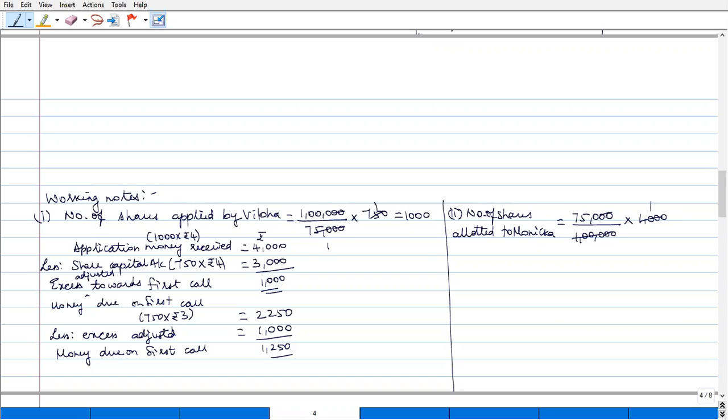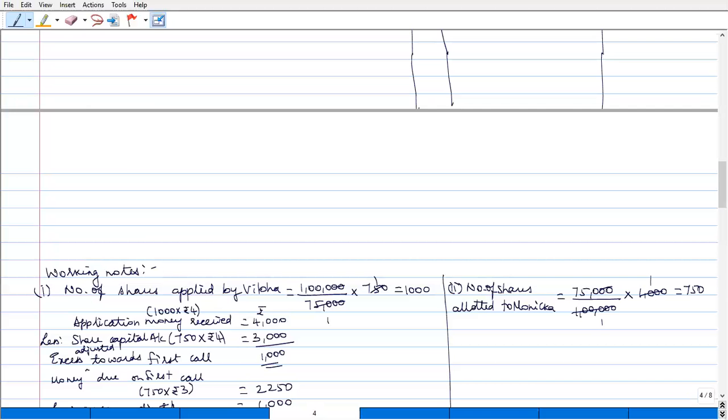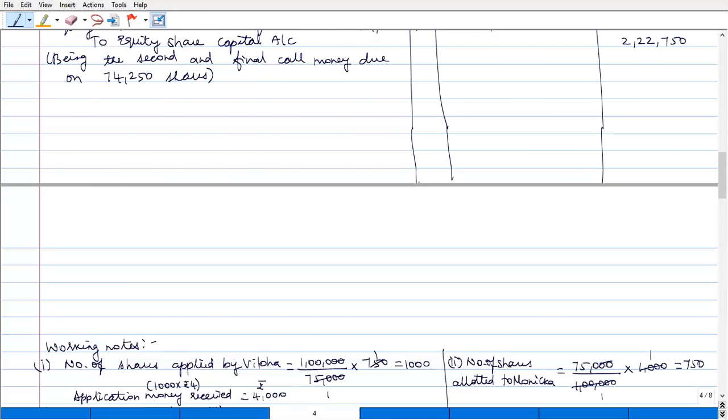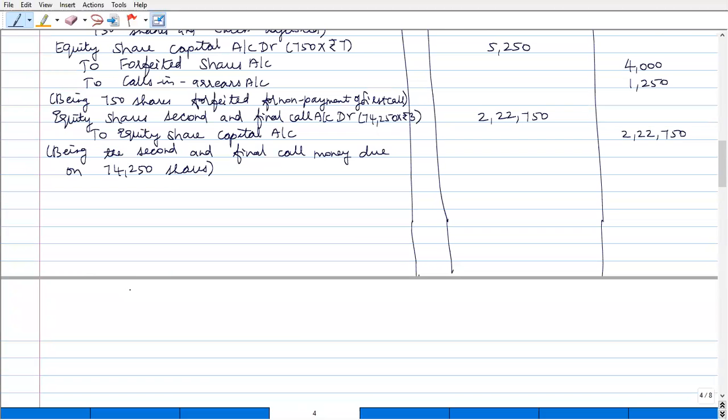So it is 750 shares, right? And how much she has to pay for this 750 shares? She has to pay rupees 2,250 for the second and final call. So this amount is calls in arrears in this case.